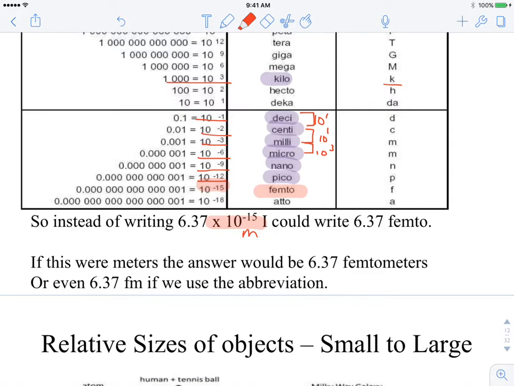And so I would have 6.37, and this would be femtometers, or femtograms. Notice when I write a prefix, I put the letter of the prefix followed by the unit. So femtometers would be fm, femtograms would be fg.